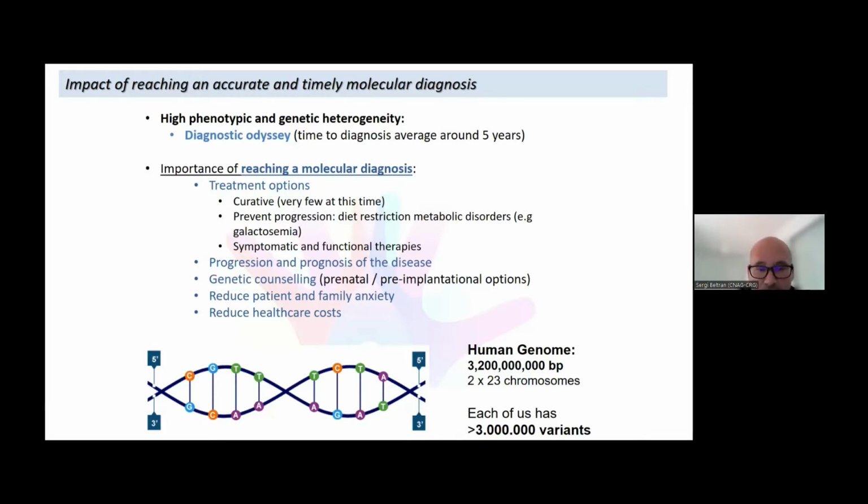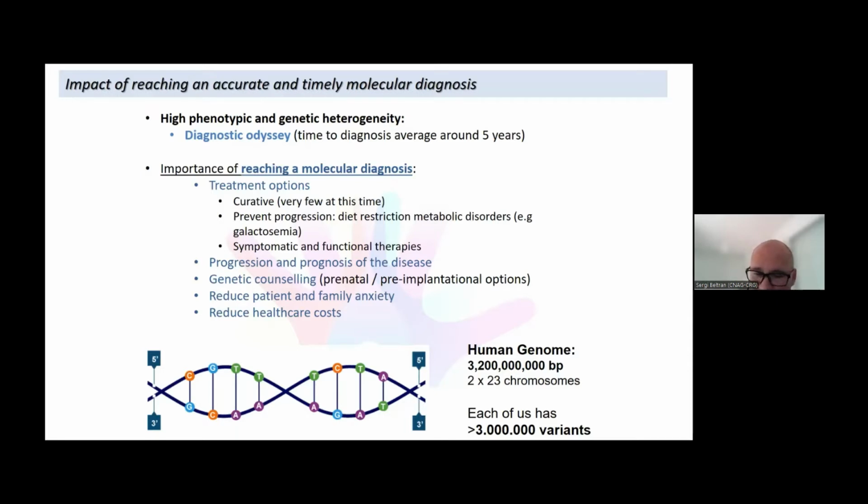We usually reduce patient and family anxiety, because at least now they know what disease they have specifically, and they can even join disease or patient associations. It also reduces healthcare costs, because you finally reached an endpoint, or at least a milestone in your ordeal, which is knowing the molecular diagnosis.